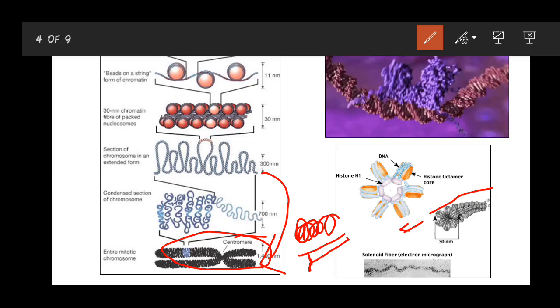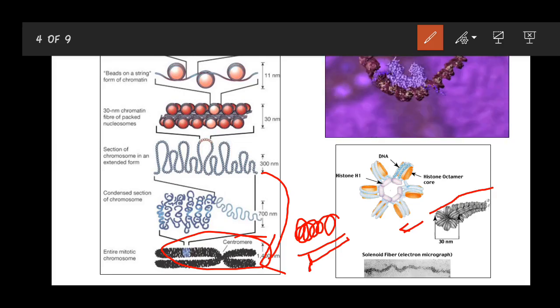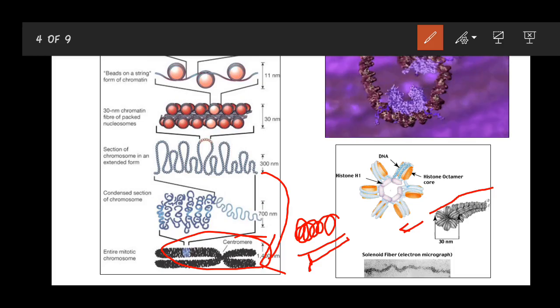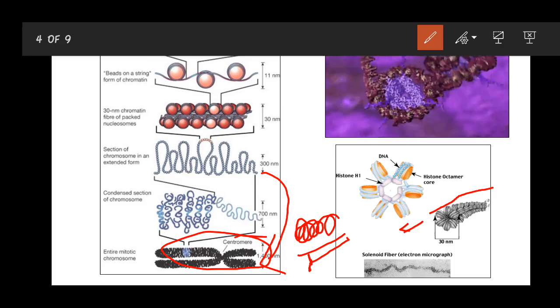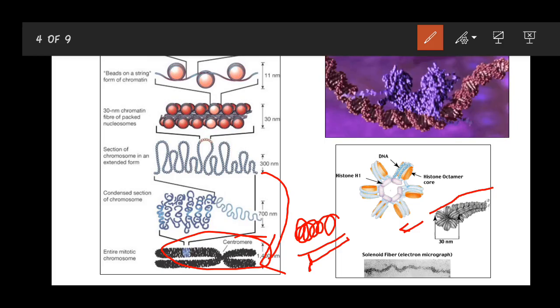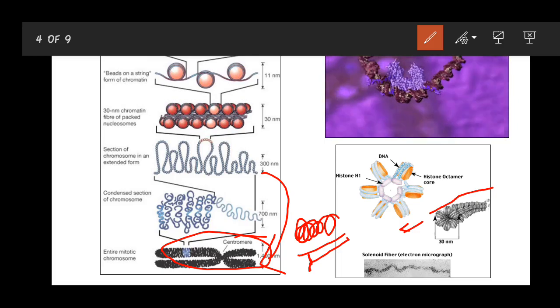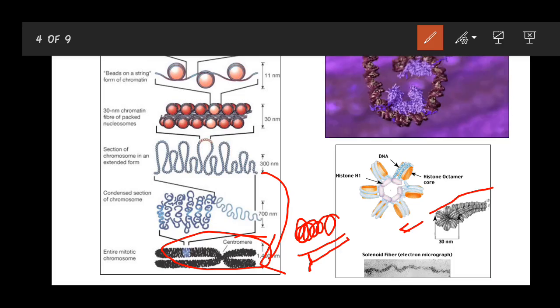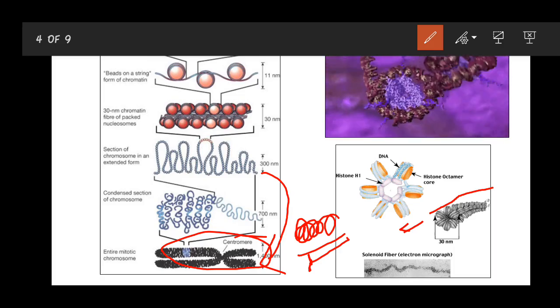In that hypothetical situation, if we move into the nucleus and look at the structure of the genetic material inside it, you can see that the DNA will be in the form called the solenoidal structure.